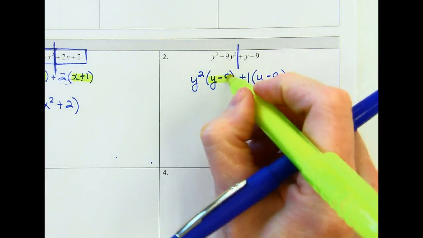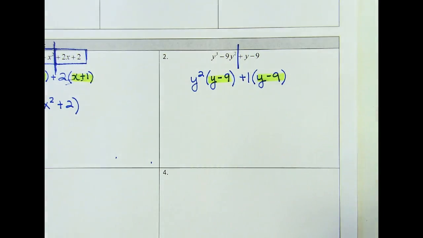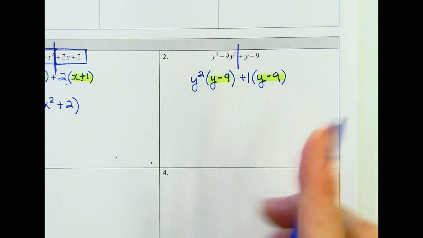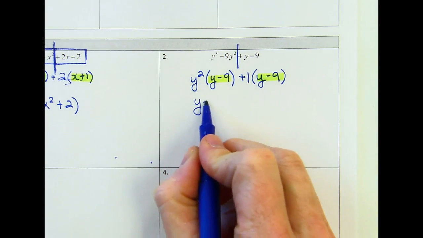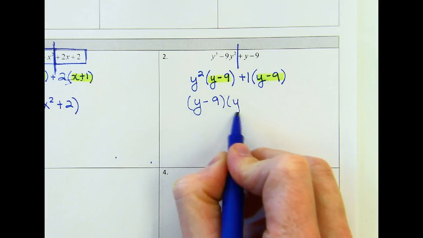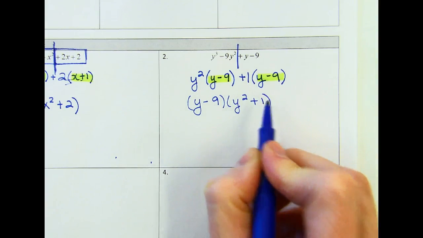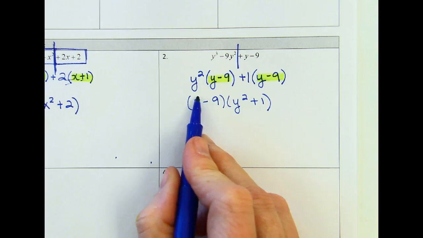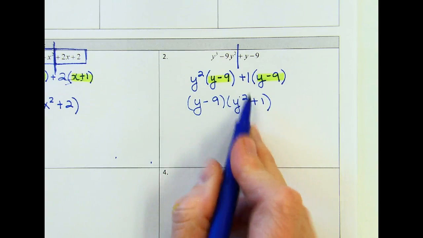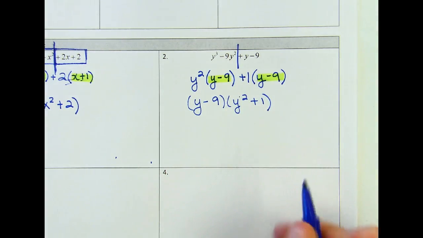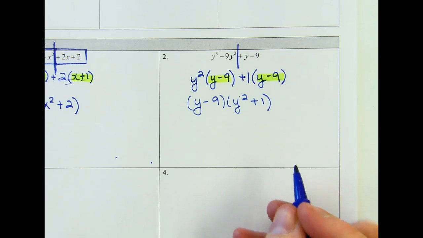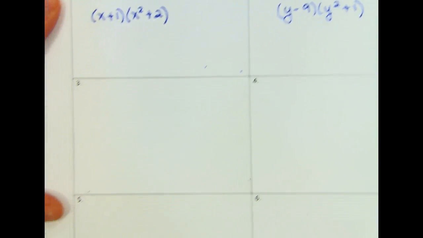So we have the y minus 9 and the y minus 9, and we just put a 1 there. So now I bring the match out, and then I have y squared plus 1, and then I look at it. Once again, if I do the distributive property, I will check and get back the polynomial that I started with.